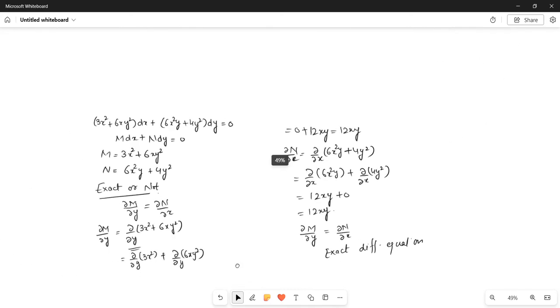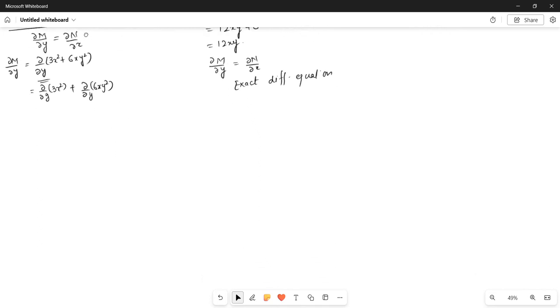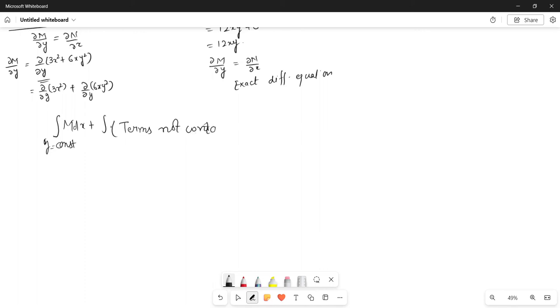If you have an exact differential equation, you can find its solution simply by taking integration of M dx, where y is treated as a constant, plus the terms not containing x in N dy, equals to 0.